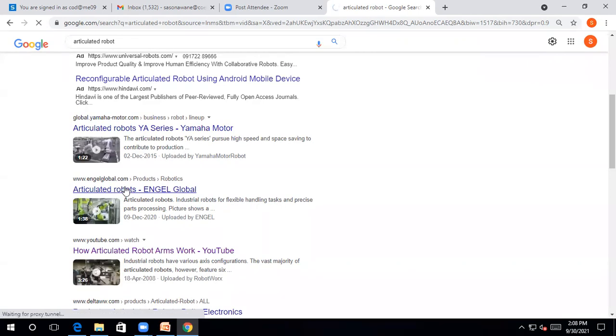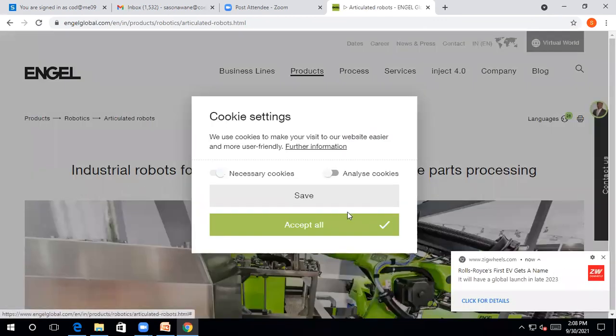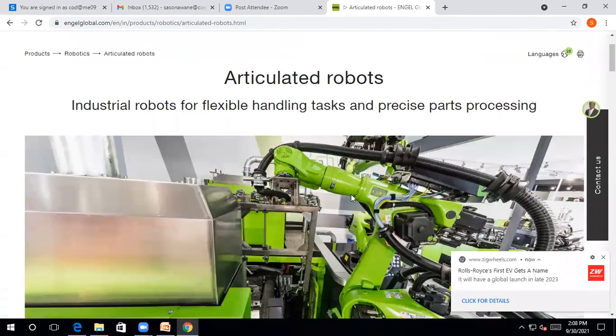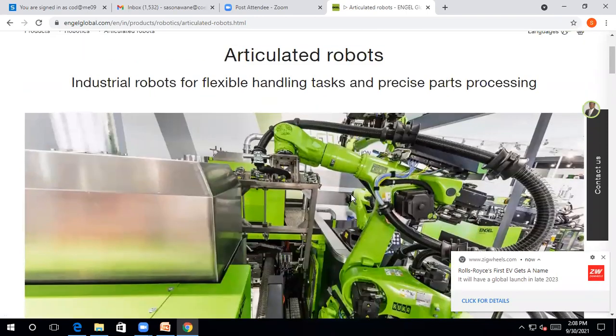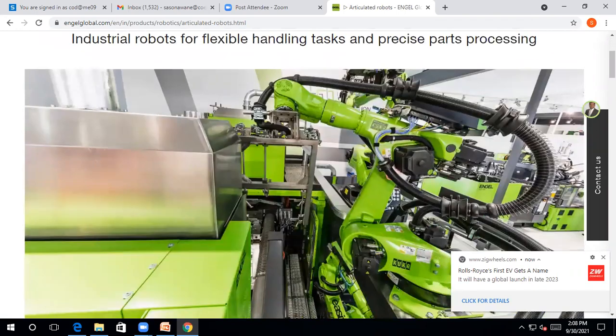We will see this small video. See that articulated robots. It is manufactured by this company. Industrial robots for flexible handling tasks and precise parts processing.